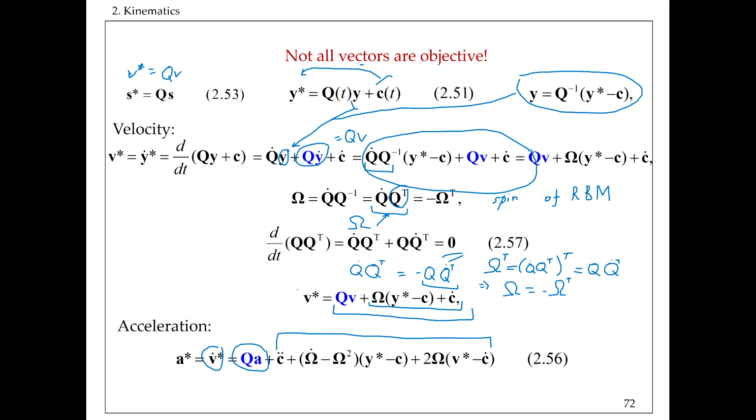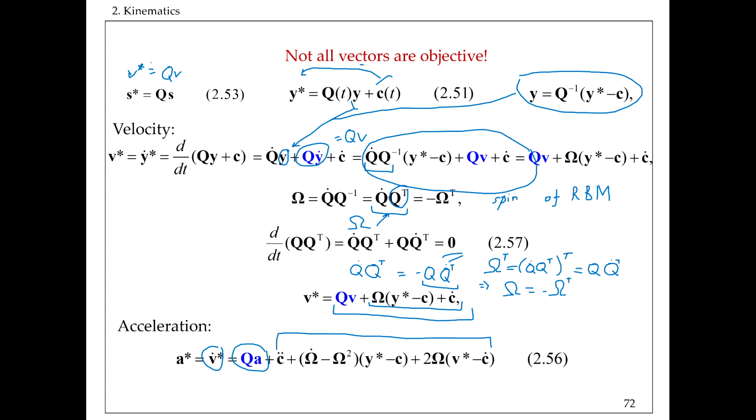But unfortunately, similar to the velocity vector, this term in general is not zero, and so the acceleration vector is also not objective. It doesn't obey 243.